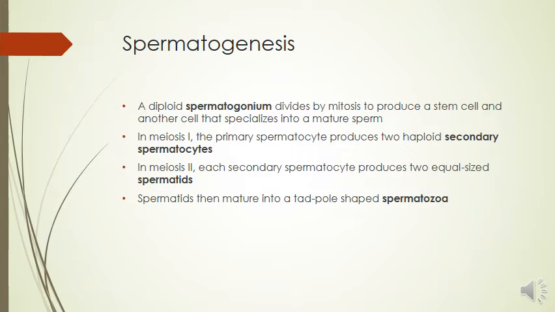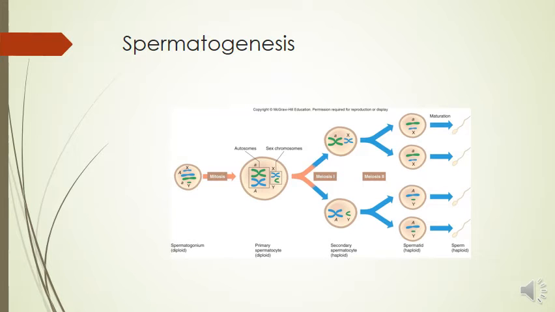In meiotic division number 1, the primary spermatocyte produces two haploid secondary spermatocytes. In meiotic division number 2, each secondary spermatocyte produces two equal-sized spermatids. The spermatids then mature into tadpole-shaped spermatozoa. And here you have a diagram showing spermatogenesis.